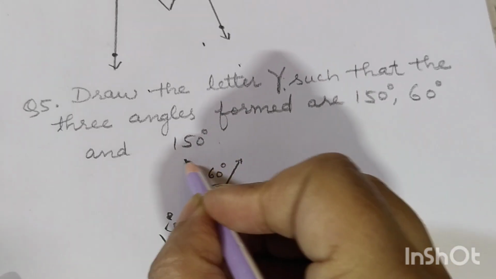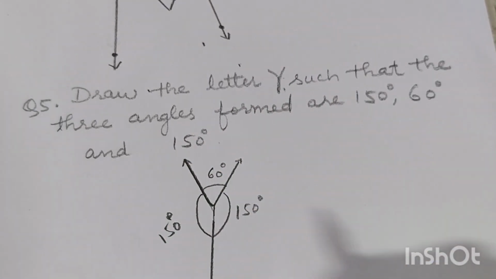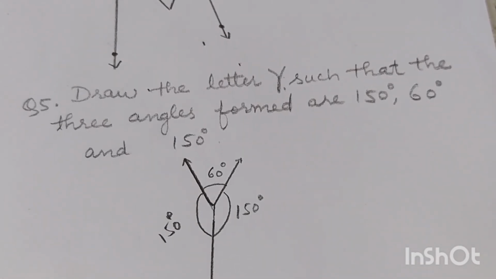In this way you are getting the alphabet Y, right? Now next is question number 6 and question number 7. You do question number 6 and 7 yourself.